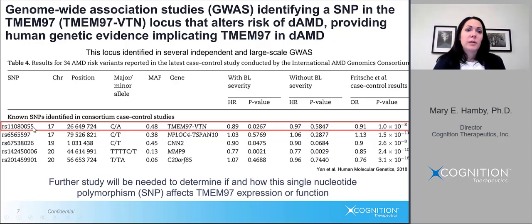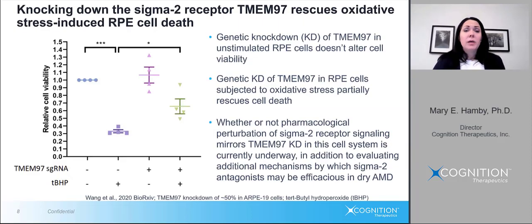This SNP here, the minor allele, actually confers a decreased risk for AMD compared to the major allele. And further study will be needed to determine if and how the single nucleotide polymorphism affects TMEM97 expression or function. But this is really exciting.